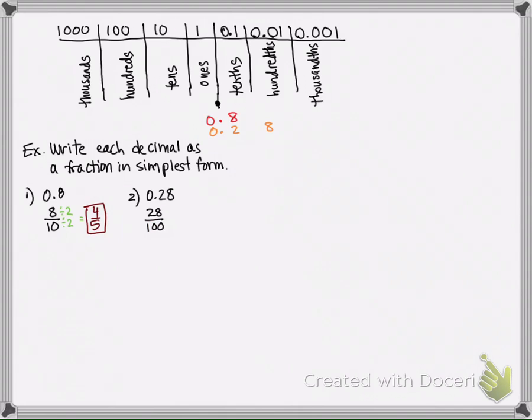So they're both even, so I can divide out a 2. So let's do that. And that's going to give me 14 fiftieths, but they're still both even, so I can divide out a 2. And that gives me 7 twenty-fifths.